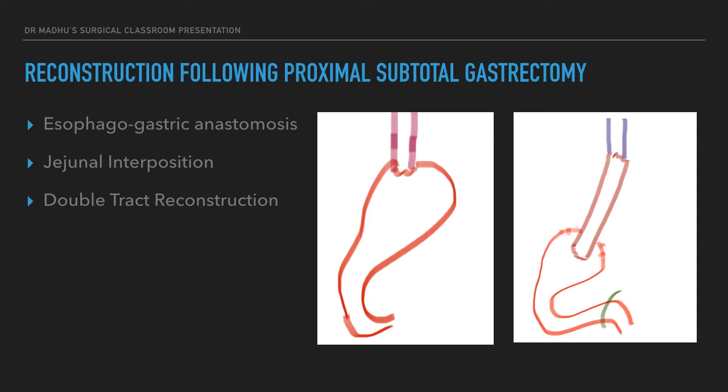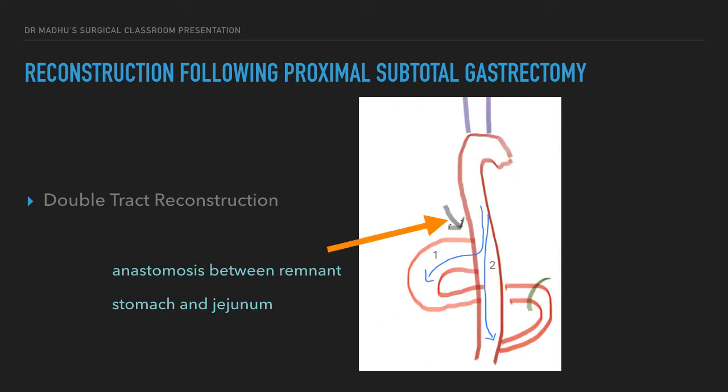And the third, very recently described, is what is called the double tract reconstruction. In this type of reconstruction, a Roux loop of jejunum is taken to the esophagus and the esophagojejunal anastomosis is performed. Now, the distal remnant stomach is also anastomosed to the same Roux limb around 20 to 25 centimeters distal to the esophagojejunal anastomosis. This is done in a side-to-side fashion.